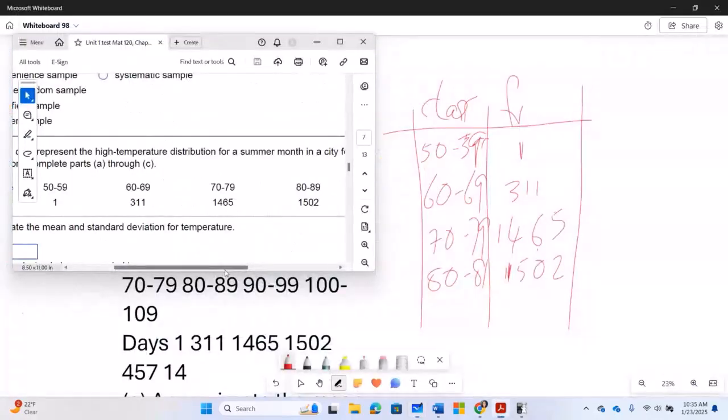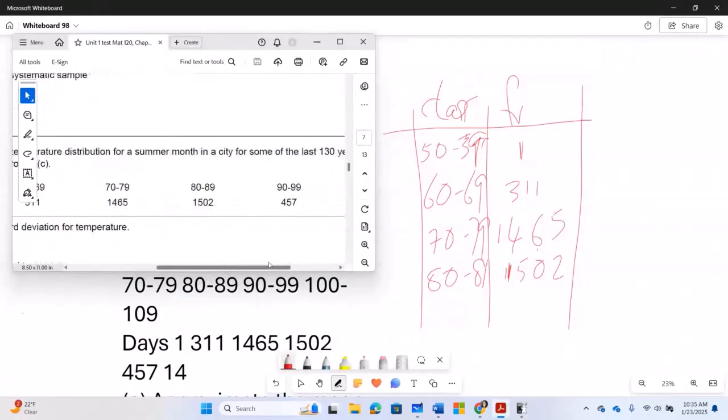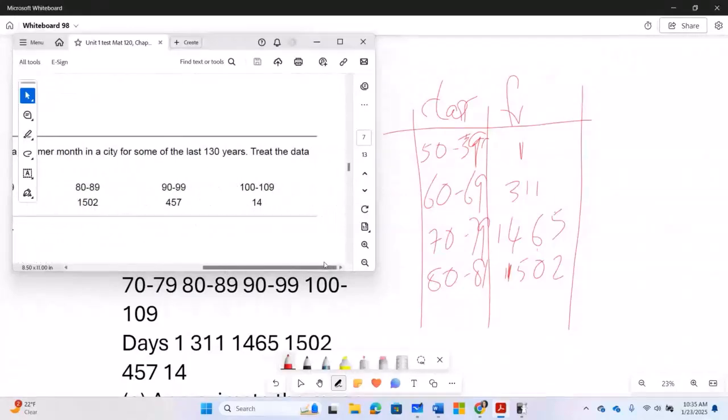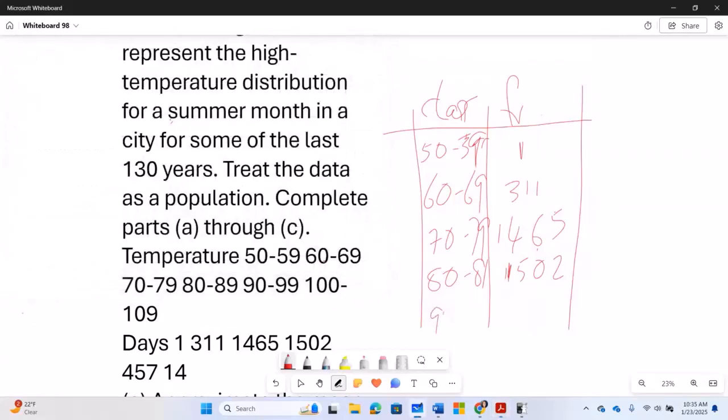Is that the last class? We can check and see. That's not the last class. We have two more classes. For 90 to 99, we have 457.